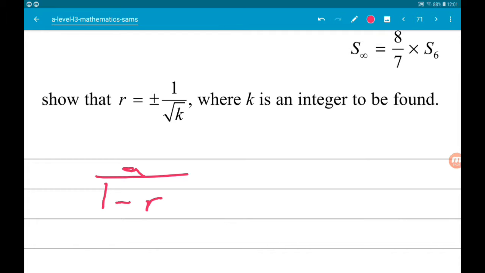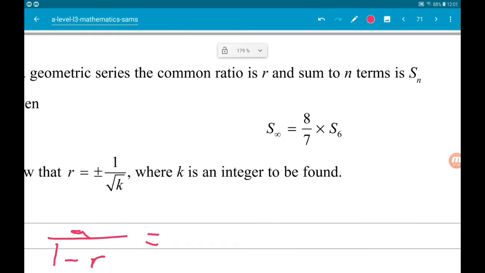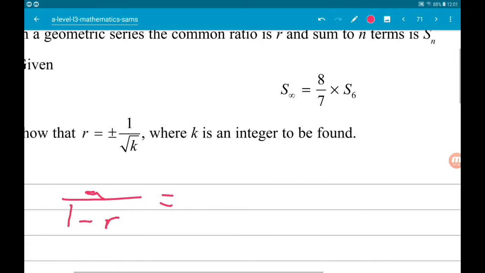So, a over 1 minus r is equal to 8/7 times the sum to 6.